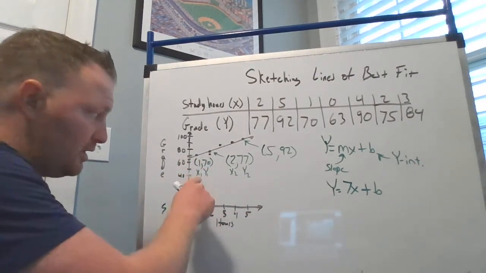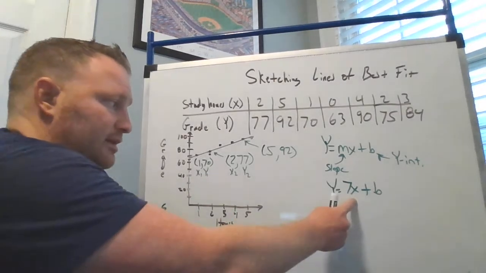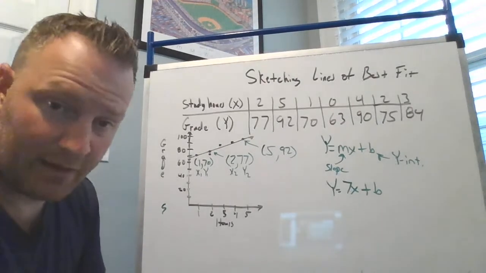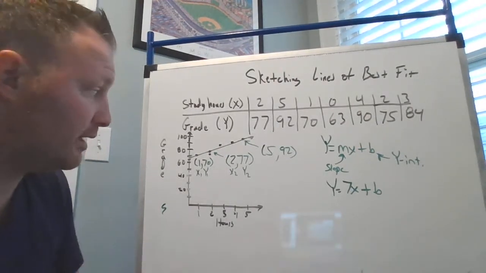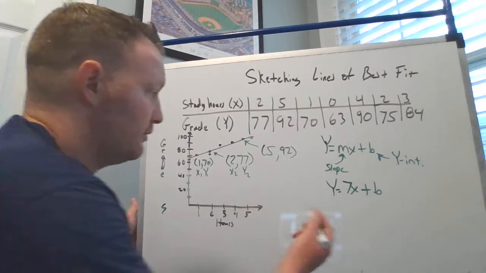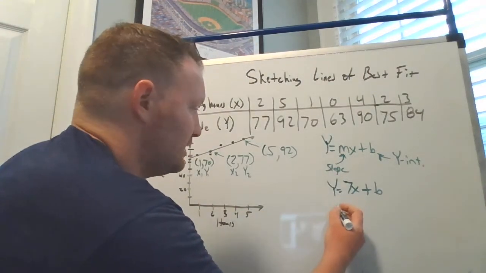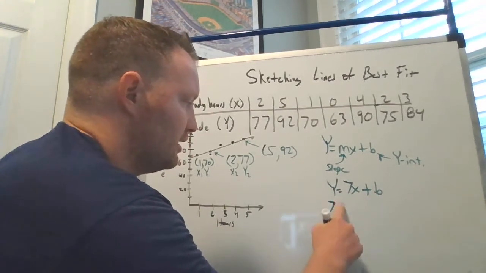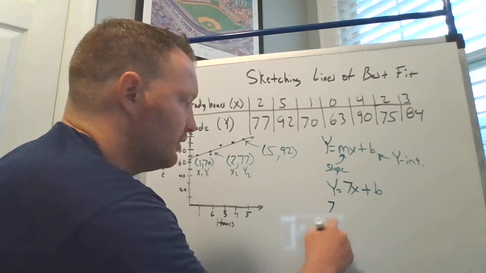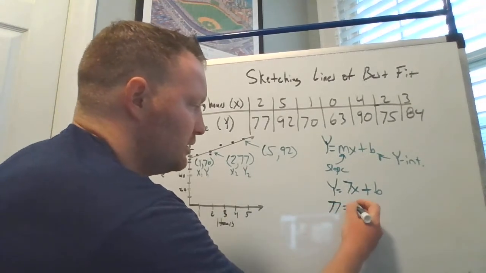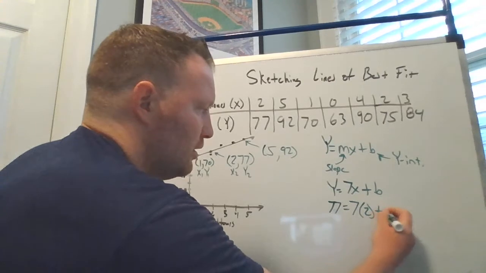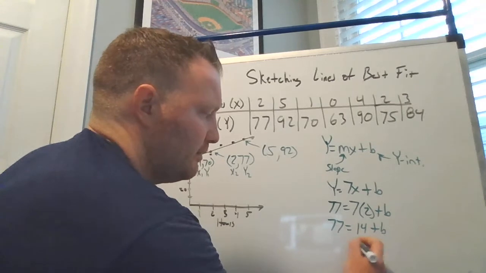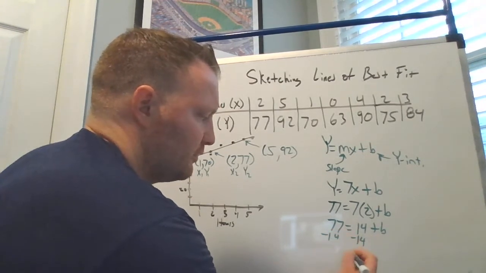Now, I've got to calculate what my b is according to this slope and these 2 points. So I can choose either of these 2 points to replace my x and y. It doesn't matter. Just choose a point, replace it to solve for b. Let's replace this one right here. So I'm using the x2, y2 just to show you it doesn't make a difference. 77 equals 7 times 2 plus b. 77 equals 14 plus b, and now we're just solving for b, minus 14.